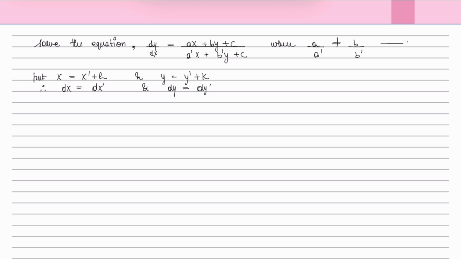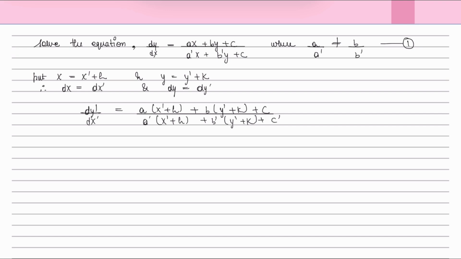Therefore, this equation number 1 will become dy dash upon dx dash is equal to (a times (x dash plus h) plus b times (y dash plus k) plus c) whole divided by (a dash into (x dash plus h) plus b dash into (y dash plus k) plus c dash).